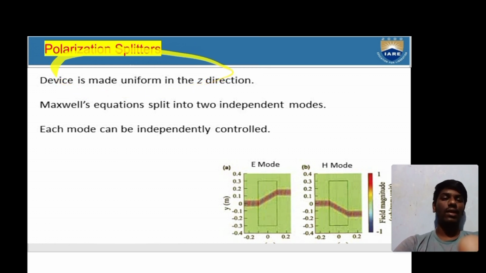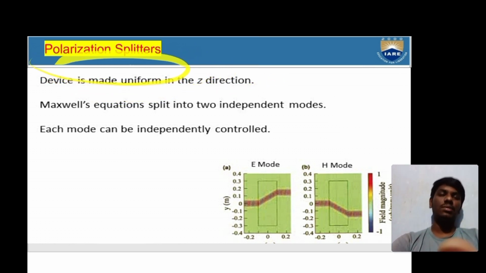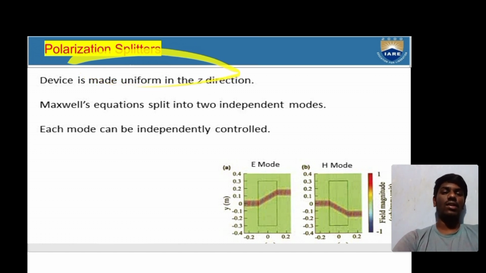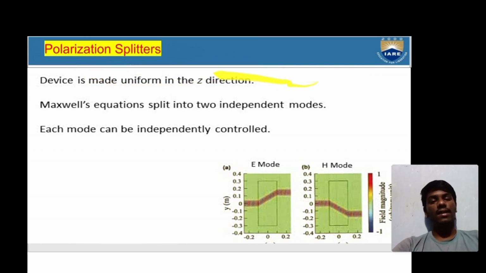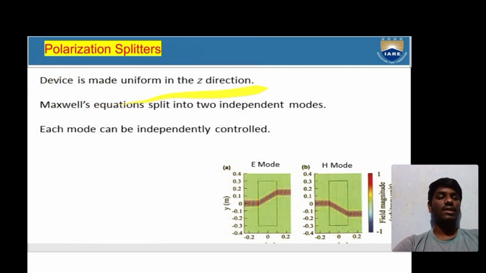Now we are entering another new topic, polarization splitters, which can alternately be used for cloaks. Polarization splitters are also one of the major topics. The device is made uniform in the z direction.